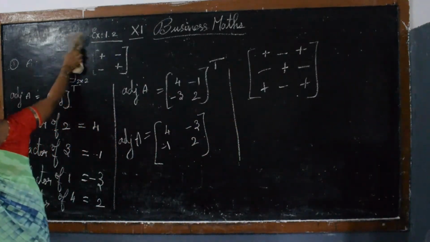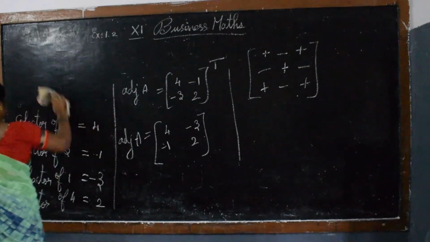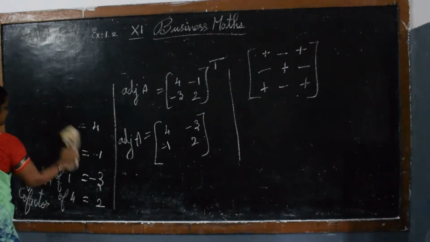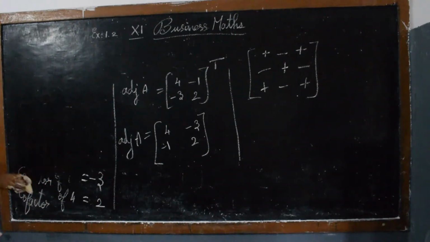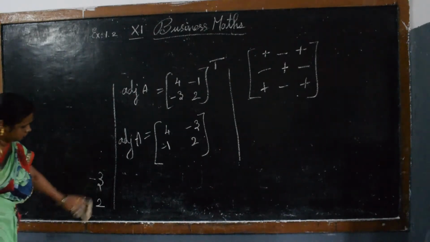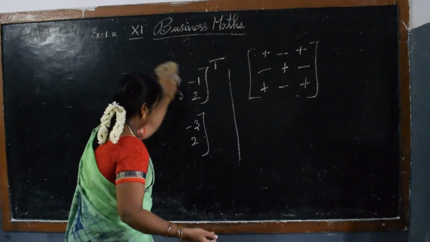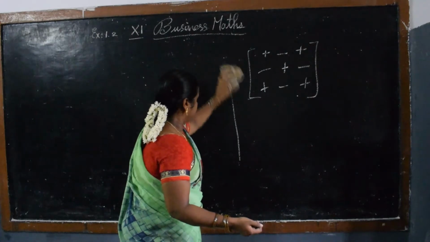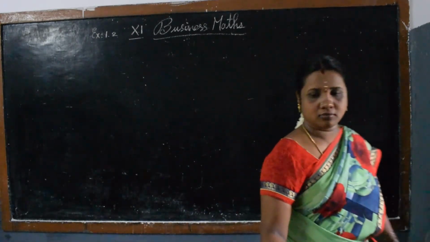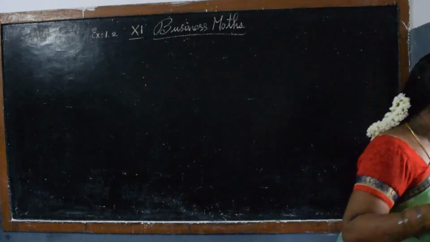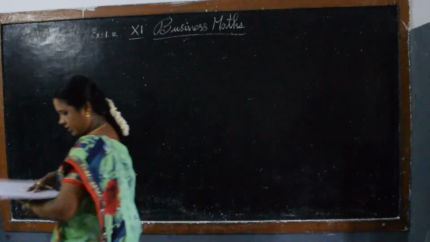Second problem. See page number 12. Next, second problem is, see here, A is the given matrix.